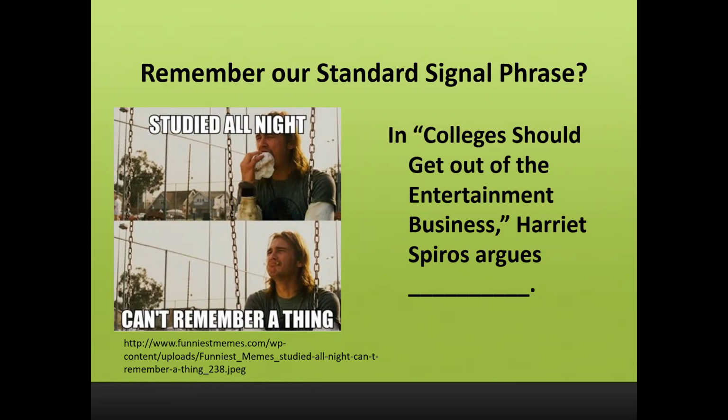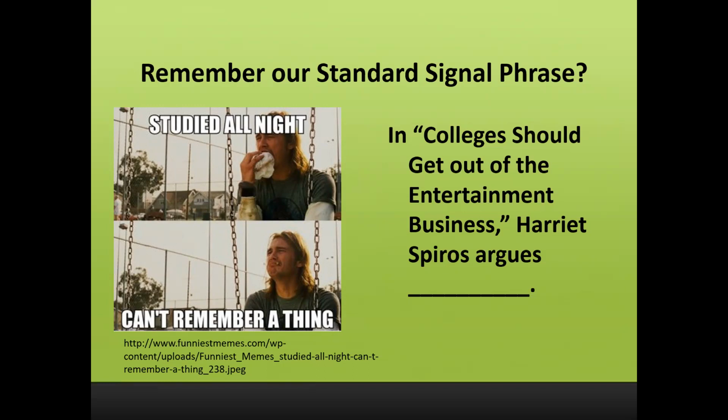In, then the title of the prompt. You will mention the title of the prompt and then the name of the author. Here we can find this example: In "Colleges Should Get Out of the Entertainment Business," Harriet Sparrows argues, and then you will highlight the author's main arguments.